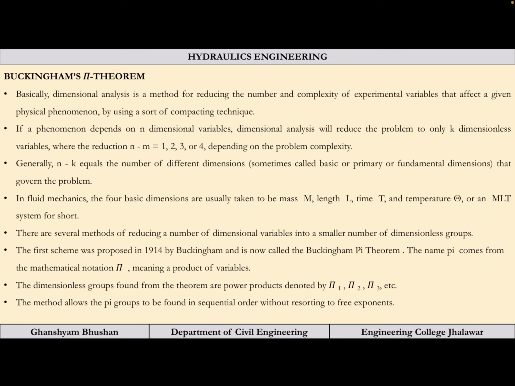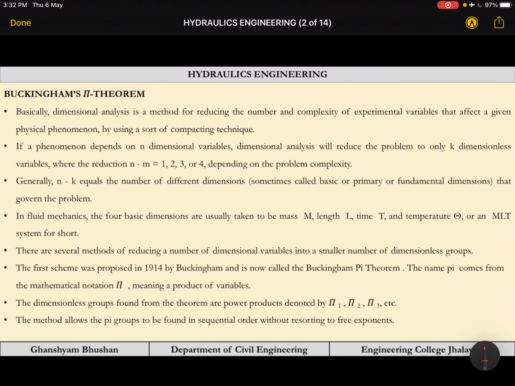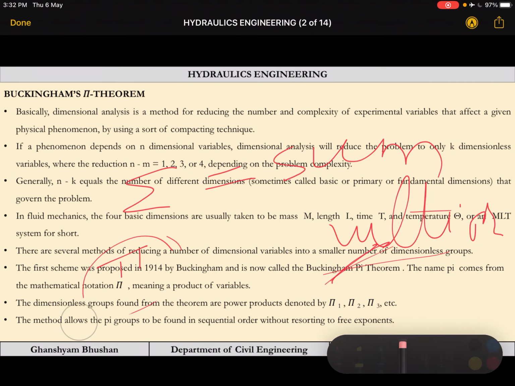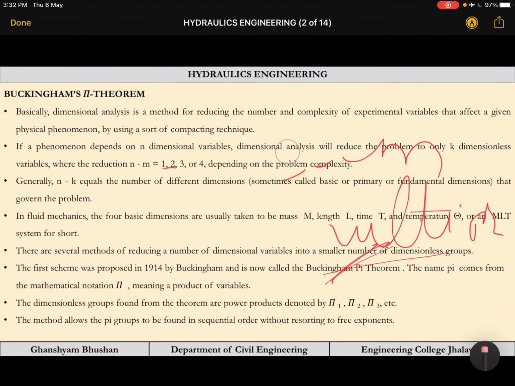Capital sigma is used for summation, and if we are multiplying various terms, then we use pi. Due to multiplication, this is termed Buckingham's pi theorem.